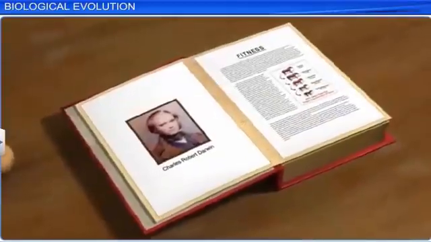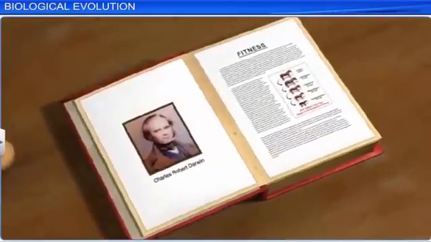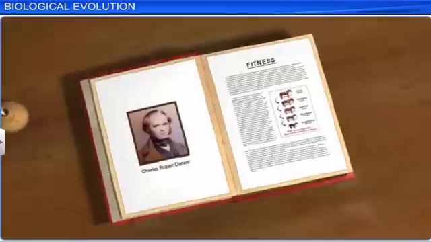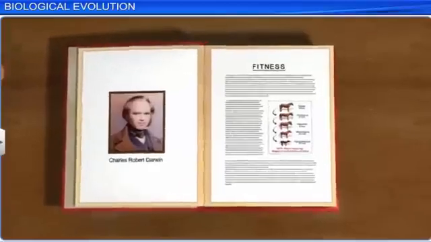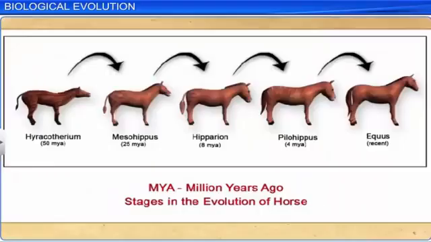While elaborating on the theory of natural selection, Darwin stressed fitness. Nature favors the survival of the fittest. In other words, individuals who are fitter than others have a greater potential for survival.